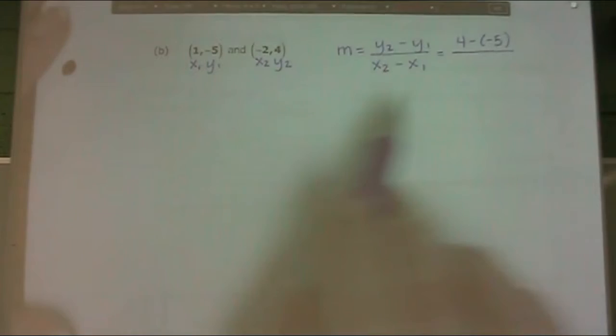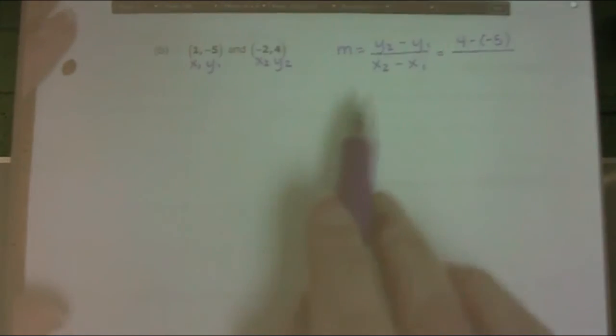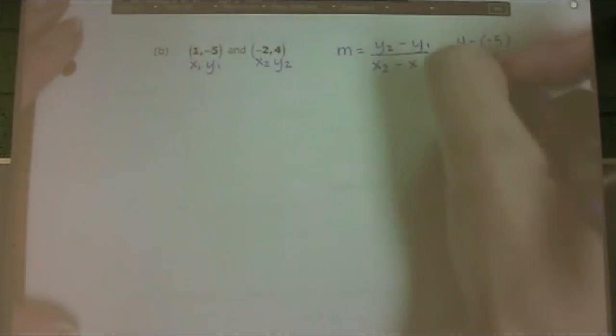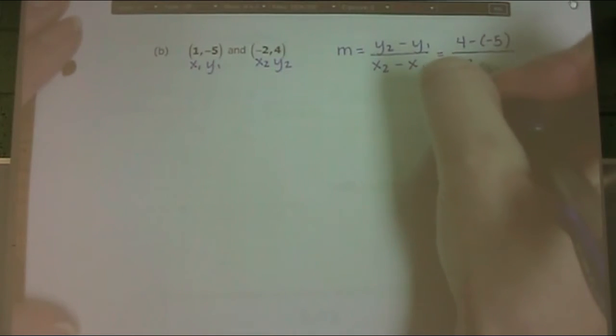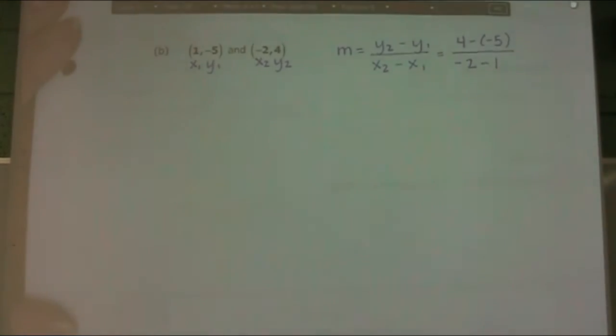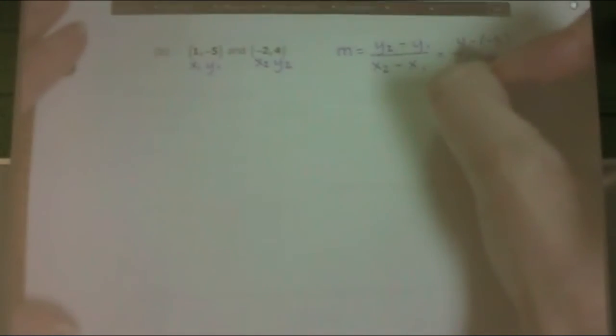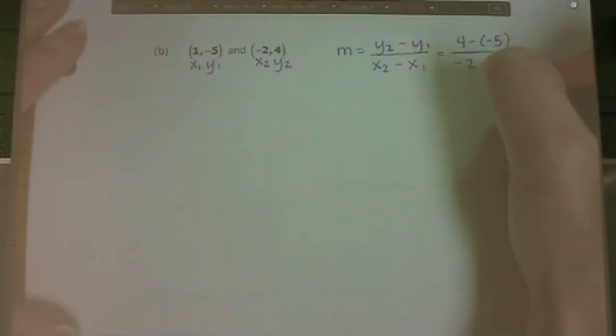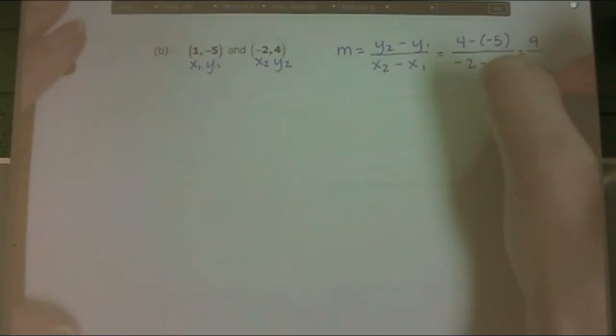My next step is to do the denominator. So x2 minus x1 is negative 2 minus 1. My numerator, 4 minus the negative 5, is the same as 4 plus 5, which is 9. My denominator, negative 2 minus 1, is negative 3.